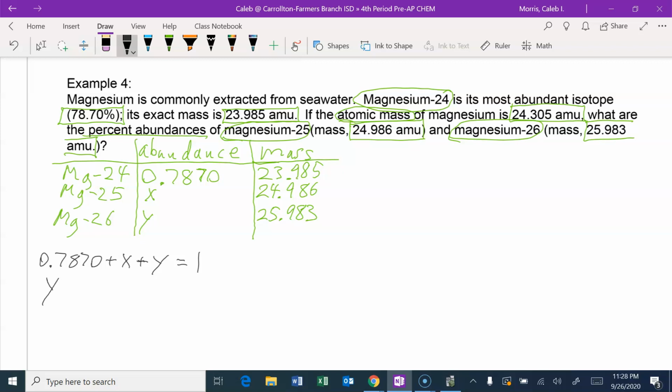So to solve for Y, I would say Y equals 1 minus, well, first I'm subtracting 0.7870.